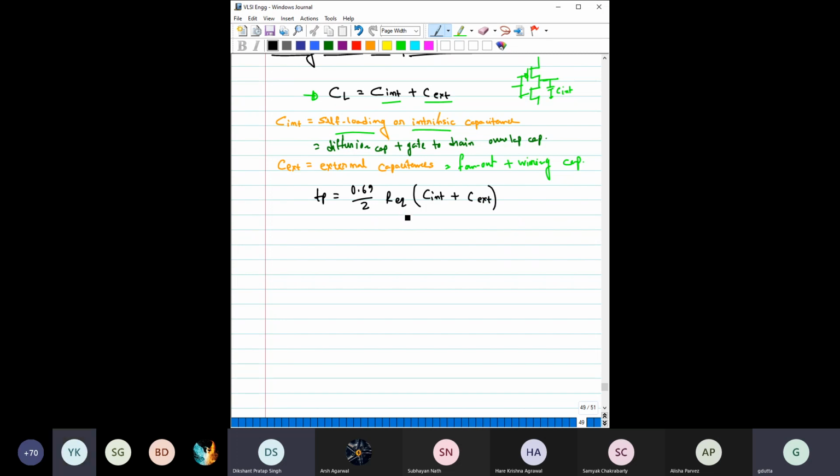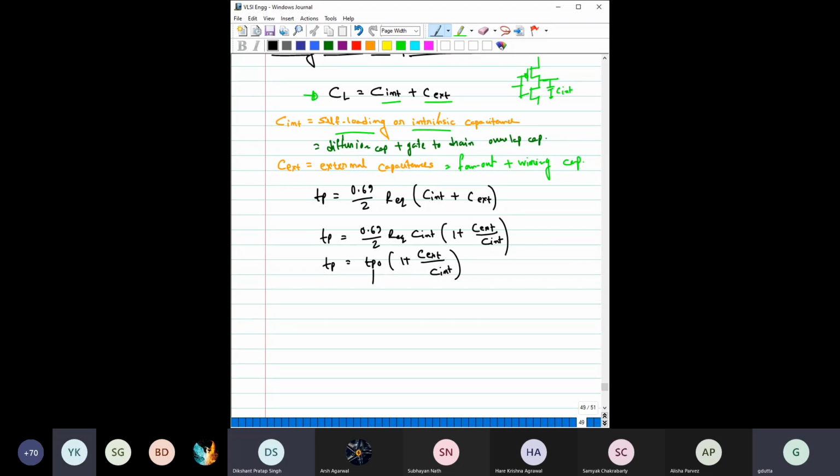So R equivalent, and we will take this C internal outside and express it like this. So TP is equal to TP naught into 1 plus C external by C internal, or C intrinsic, right?